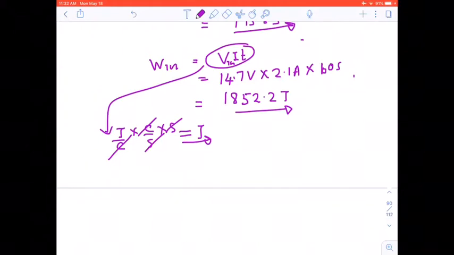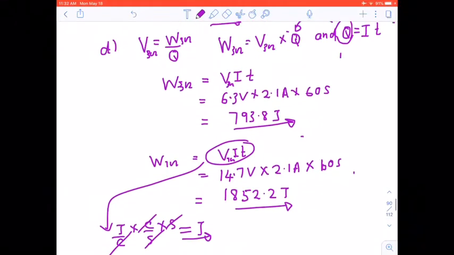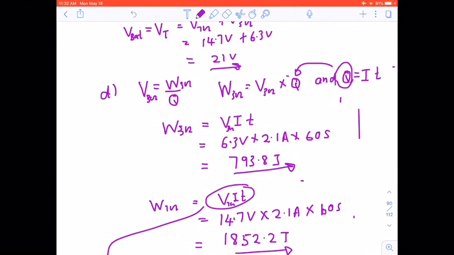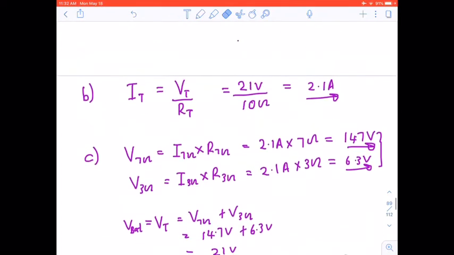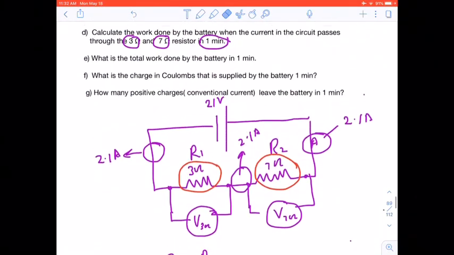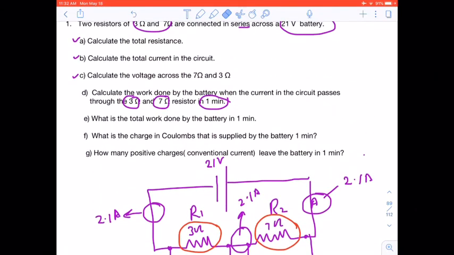Okay, so we have that. We now have the work done by the battery when the current in the circuit passes through the 3 ohm and 7 ohm resistor.